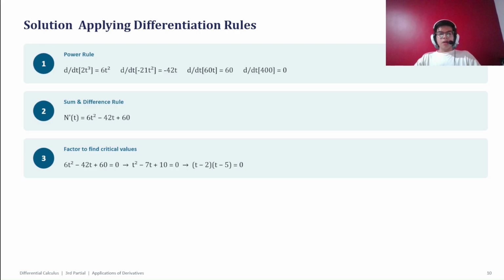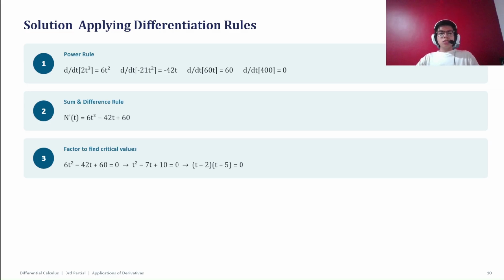So step 2, sum and difference rule, N prime of t equals 6t squared minus 42t plus 60. Step 3, factor to find critical values. 6t squared minus 42t plus 60 equals 0.